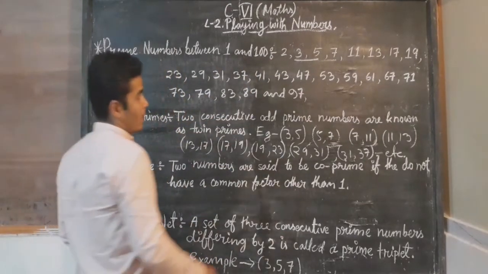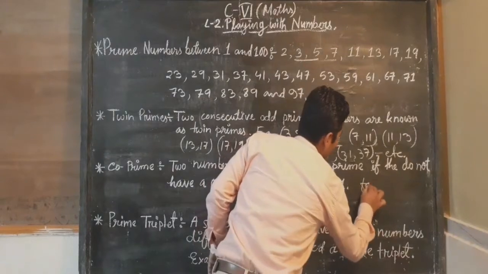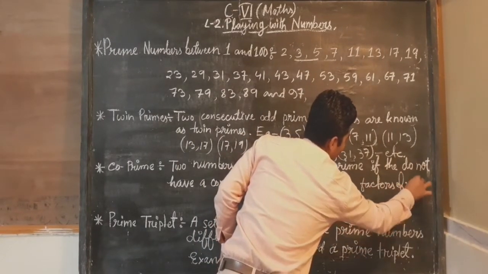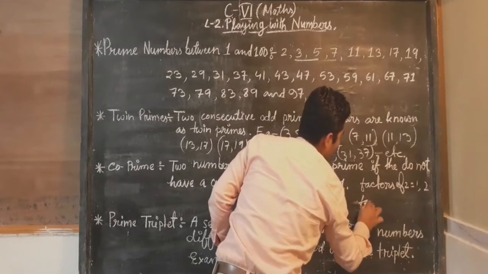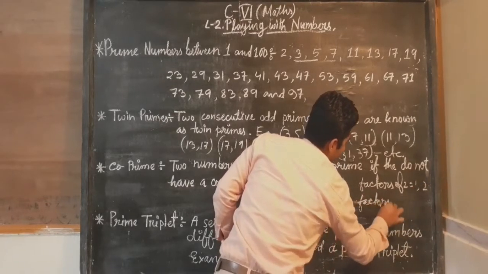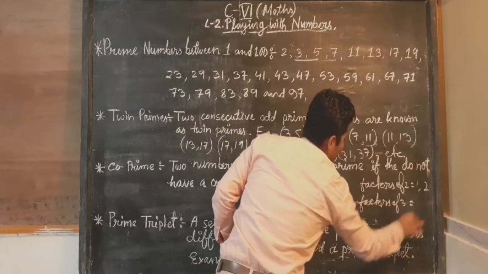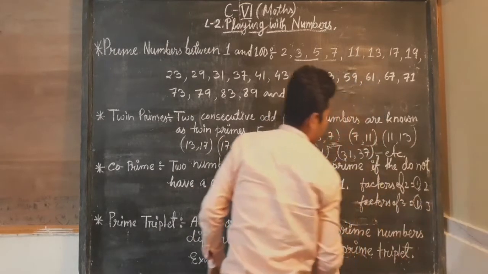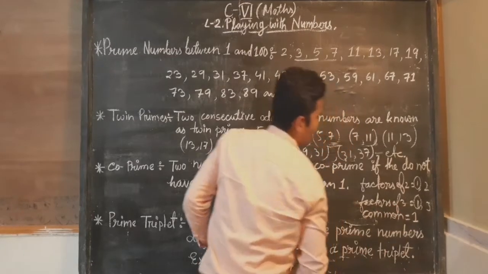If you find the factors of 2, they are 1 and 2. And the factors of 3 are 1 and 3. So we can easily get 1 as a common factor.